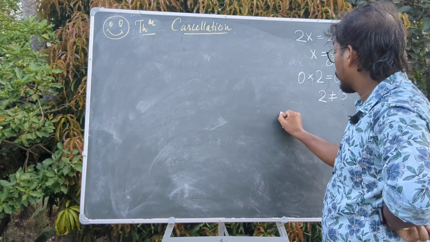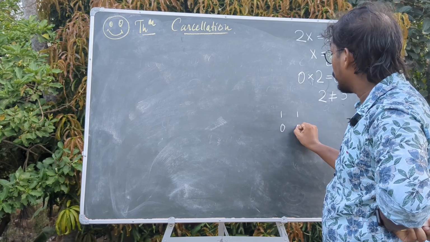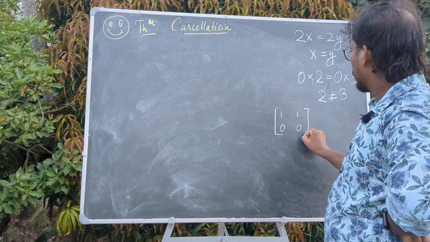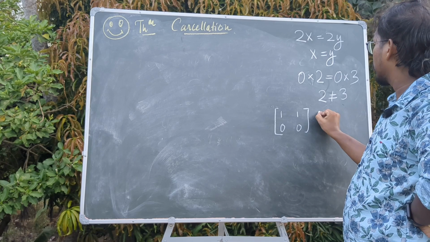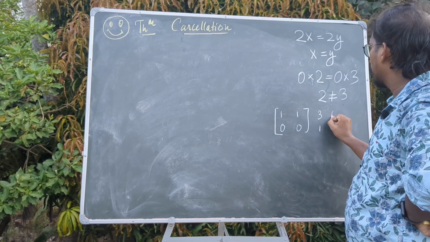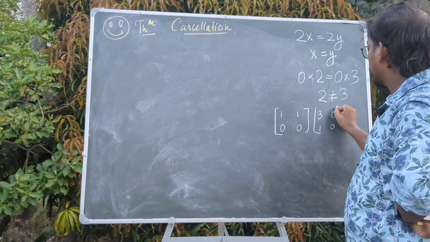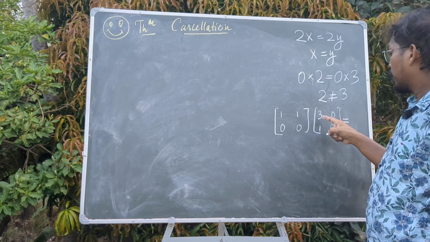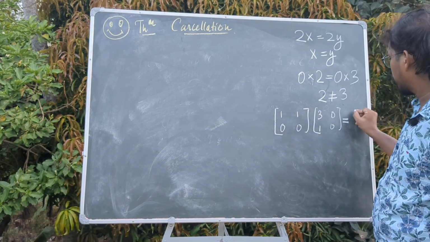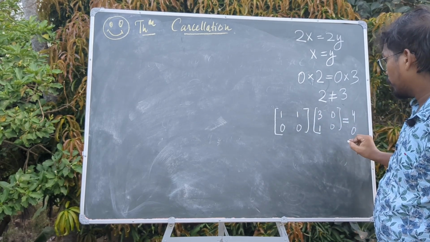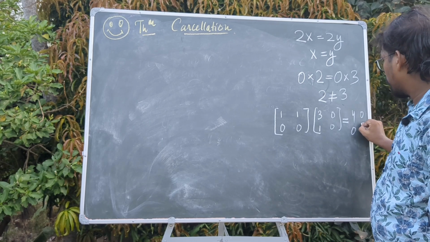Suppose we have one matrix [[1,1],[0,0]], and it is multiplied with another matrix [[3,1],[0,0]], which gives [[3,1],[0,0]]... this is [[4,0],[0,0]].